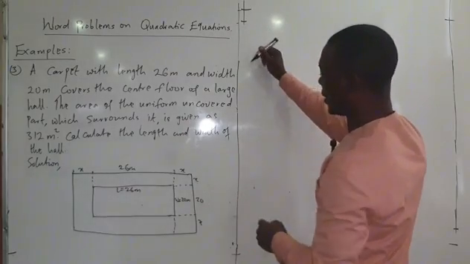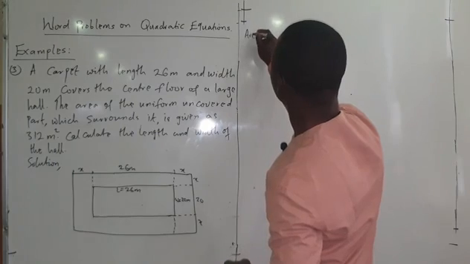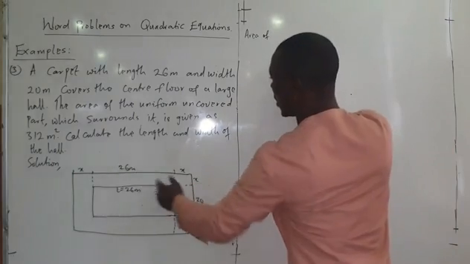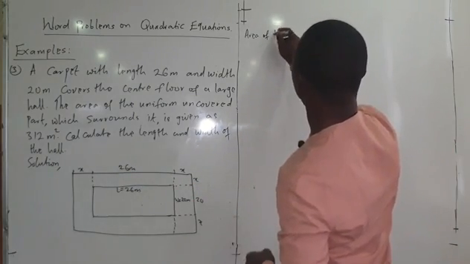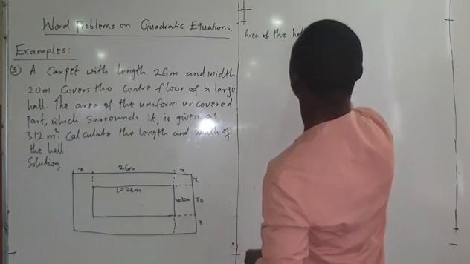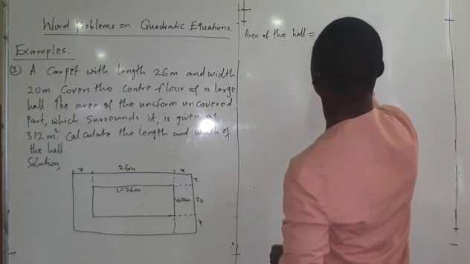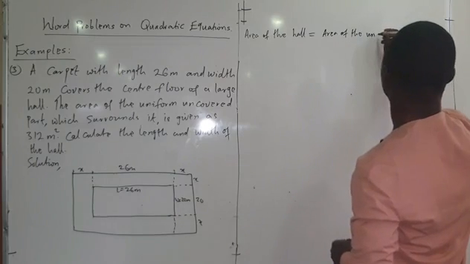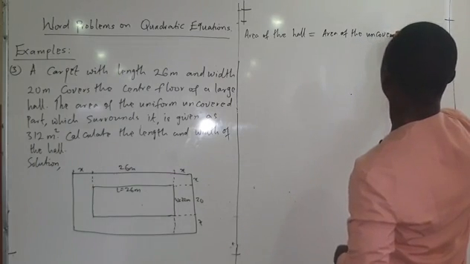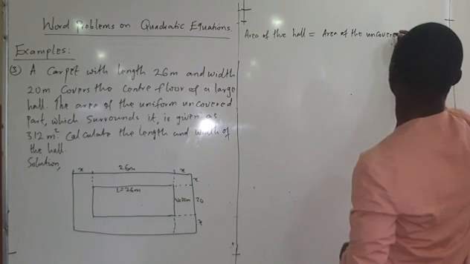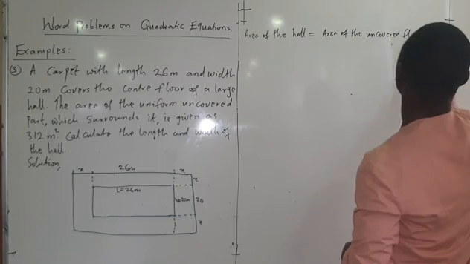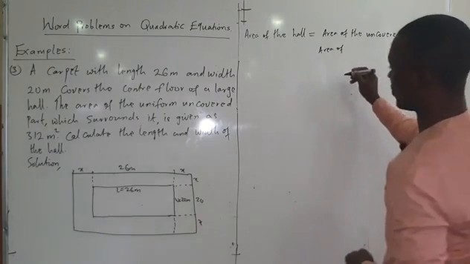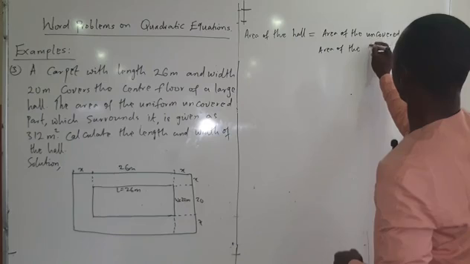So to get that, the area of the hall equals the area of the uncovered floor plus the area of the carpet.